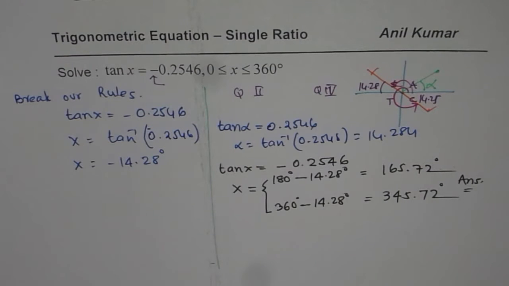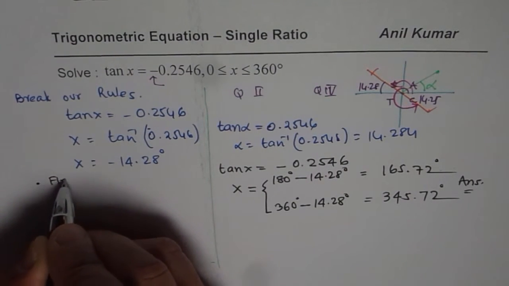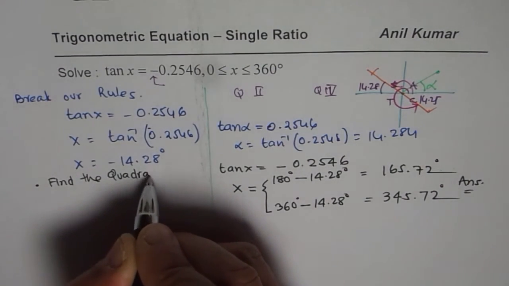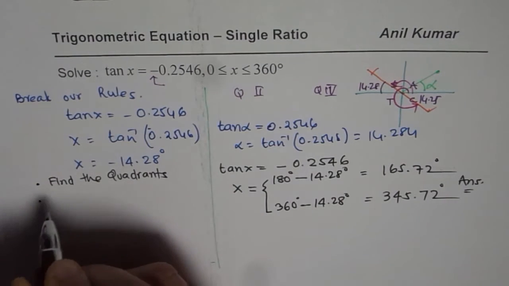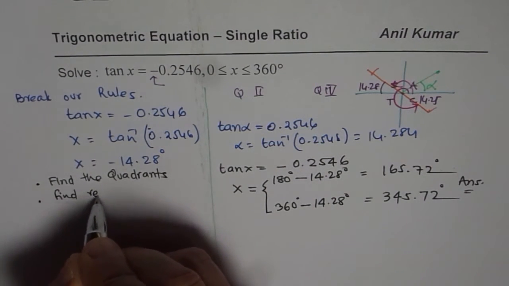Follow the rules. Let me remind you of my rules. Rule number 1, find the quadrants. Step number 2 is find the related acute angle.